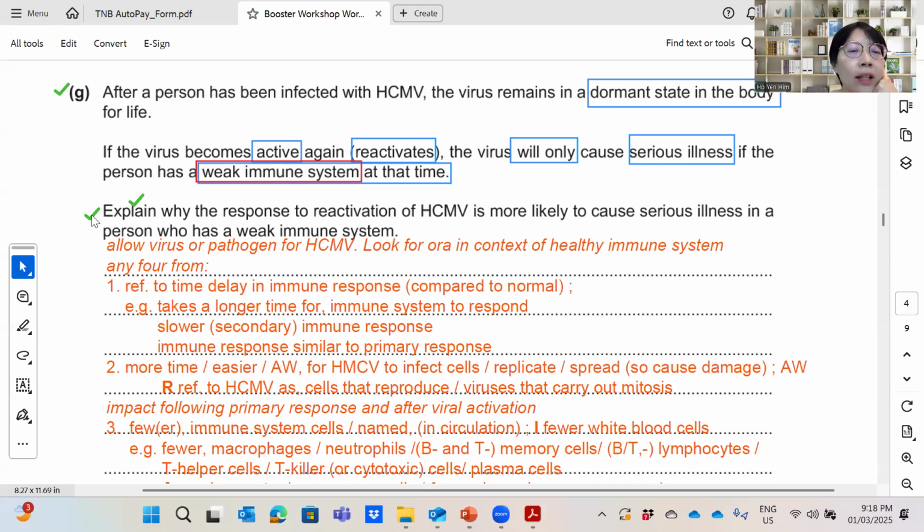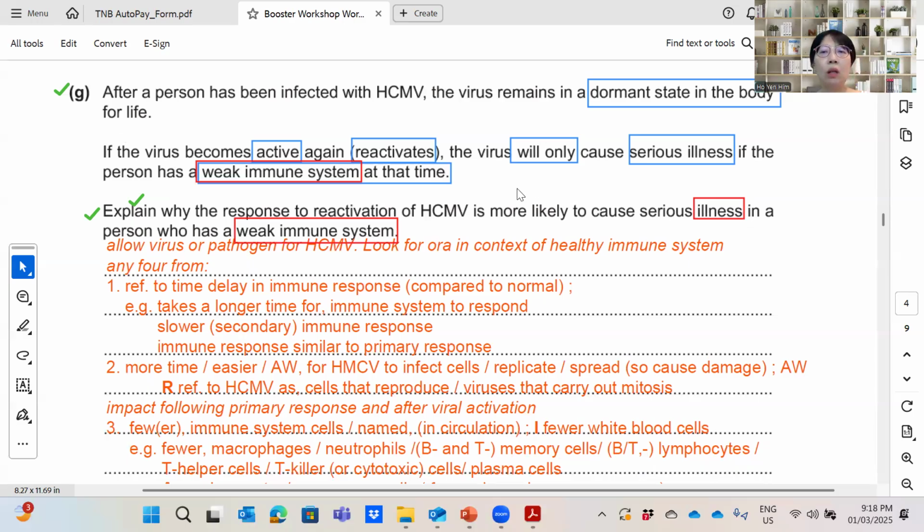So explain why the response to reactivated HCMV is more likely to cause serious illness in a person who has a weak immune response. Very easy, right? So when a person's immune response is weaker, why can the person be ill? That's the question. Immune response is weak, person can be ill.